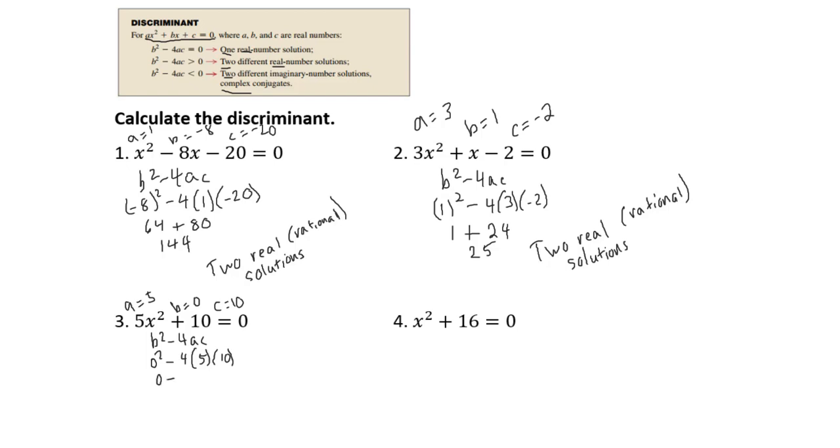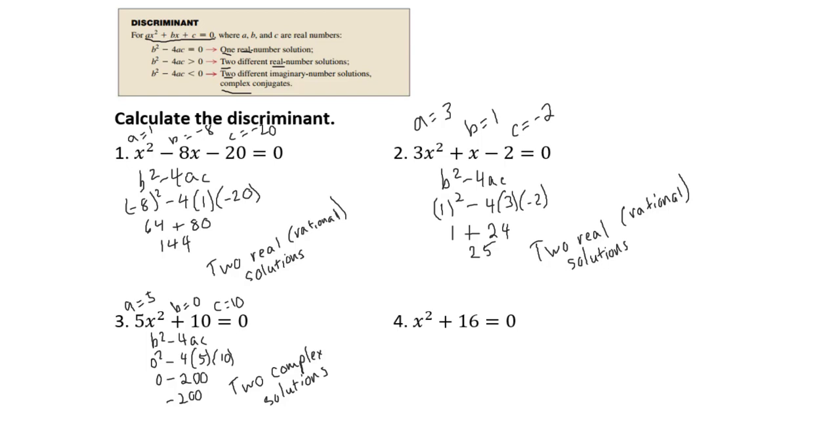That is 0 minus 4 and 5 is 20, times 10 is 200. So this is -200. That is less than 0, so this would be two complex solutions.